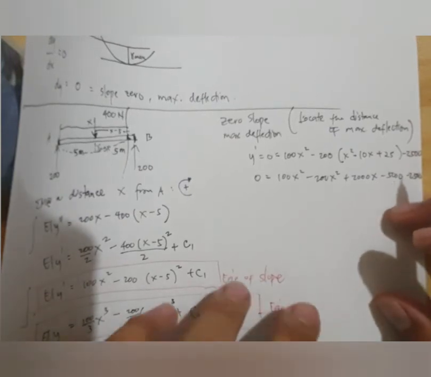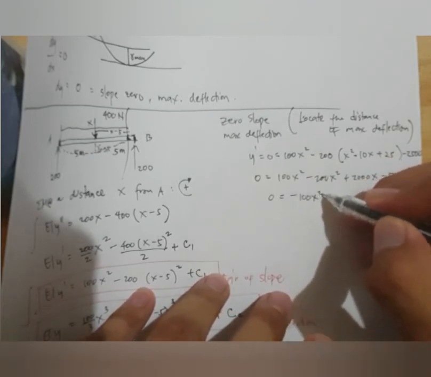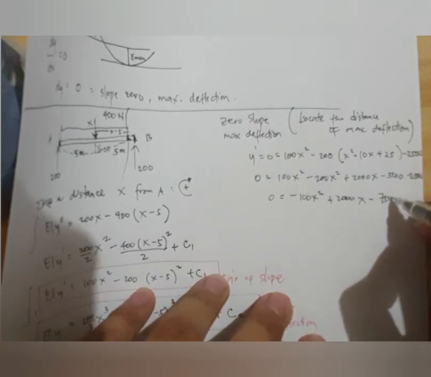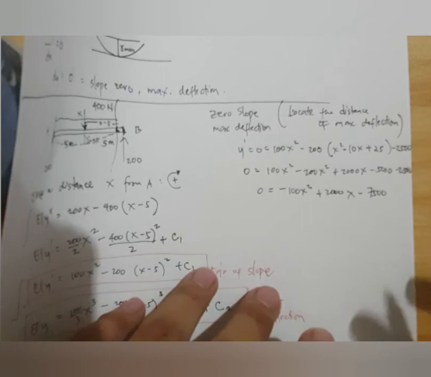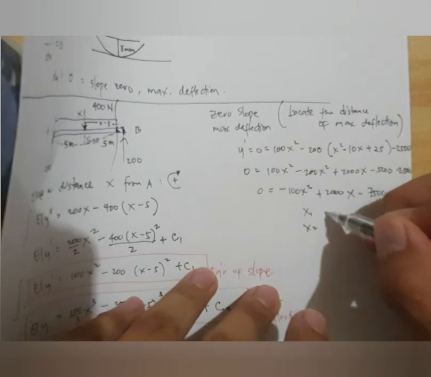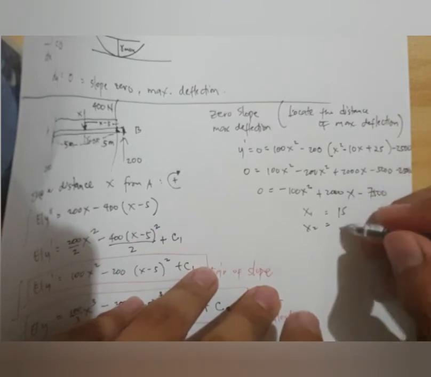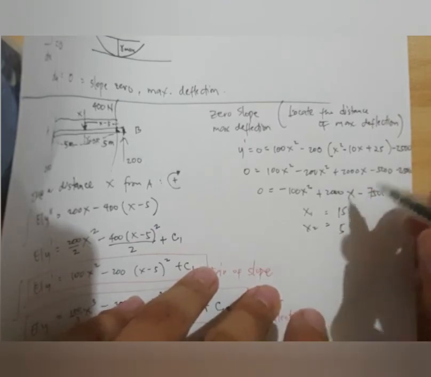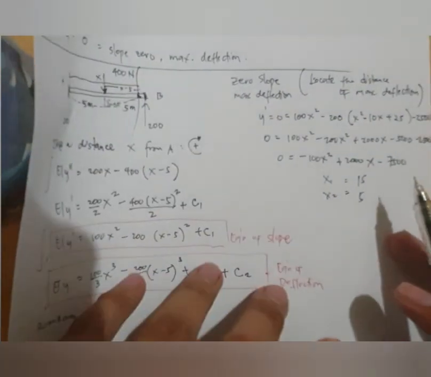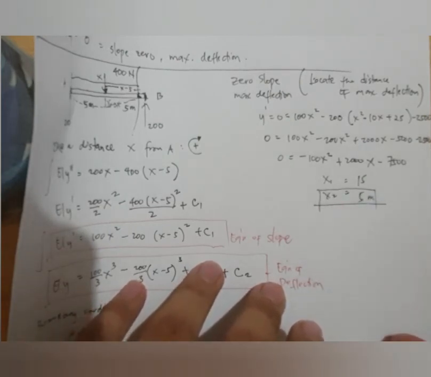Okay, so if you simplify, 0 is negative 100x squared plus 2000x minus 75. Using the quadratic equation, you get two points. What I computed is 15 and 5. 15 is impossible for your x because it goes beyond your beam. So for the maximum deflection, this is the correct one: x is equal to 5.